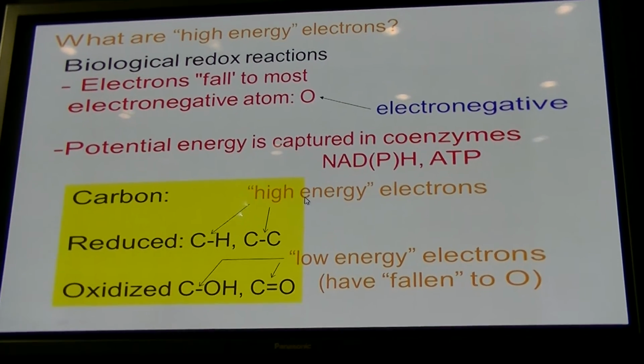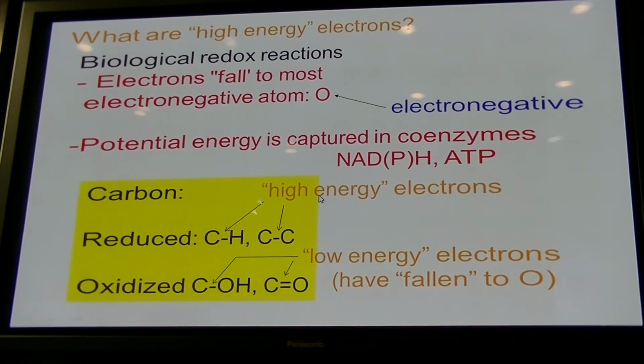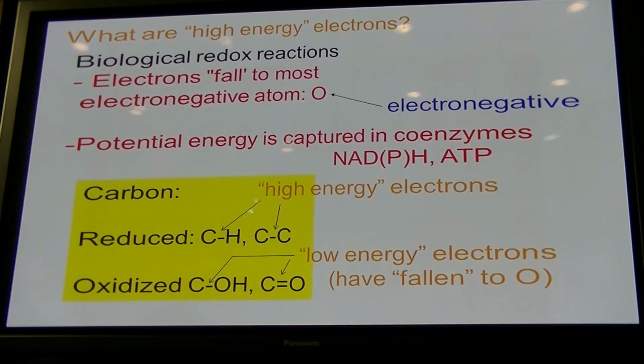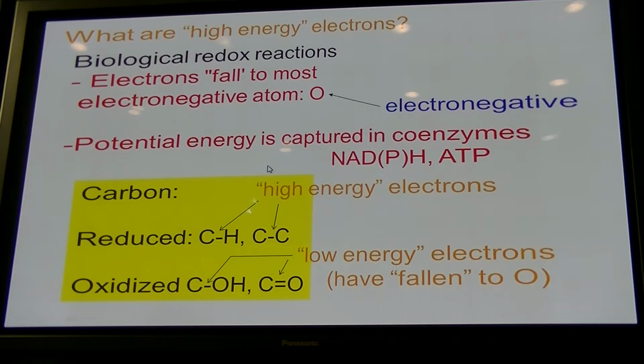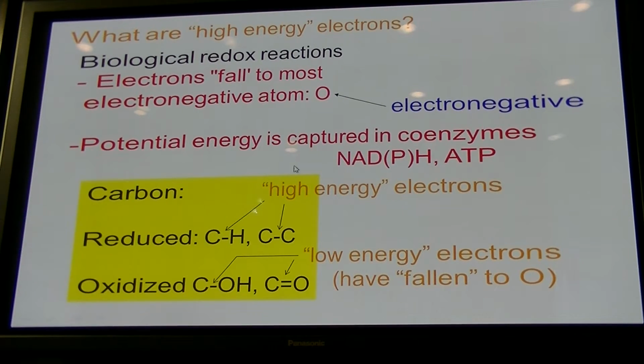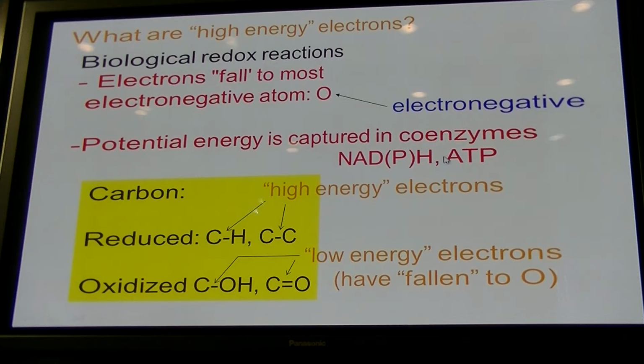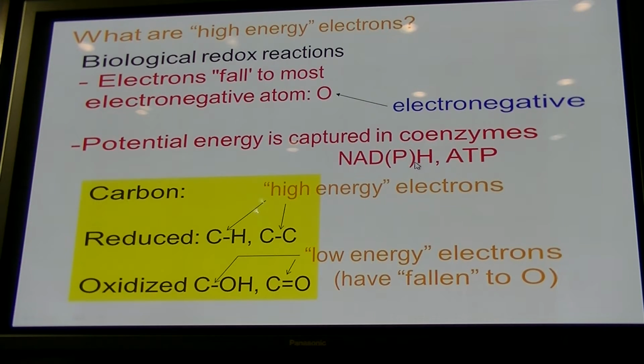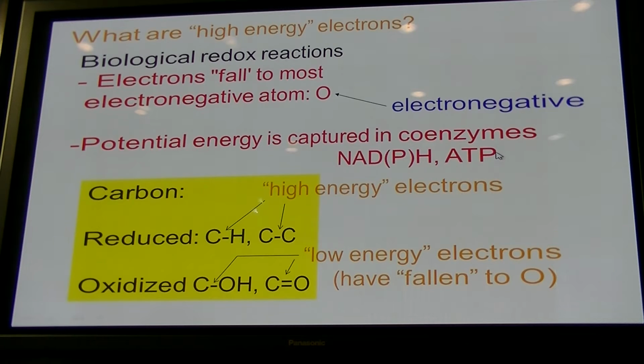And because oxygen can come in and can accept the electrons from the carbon, that sets of electrons can fall to oxygen. That potential energy can be captured. And cells capture that in the coenzymes, especially NADH, sometimes NADP in photosynthesis, and a little bit also in ATP.